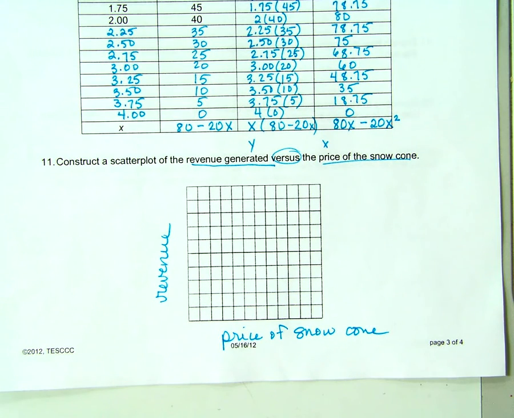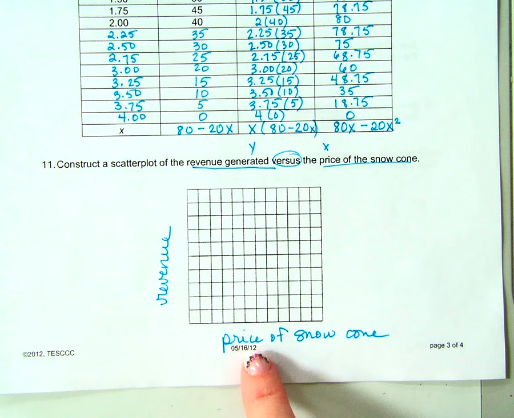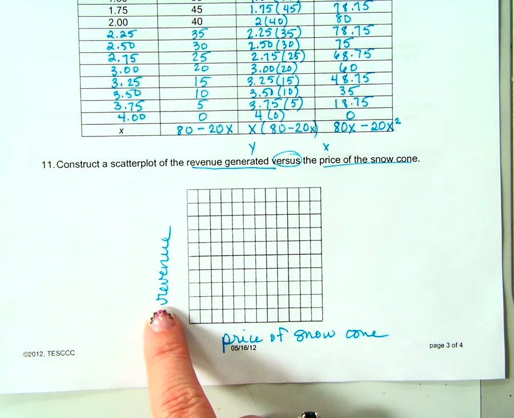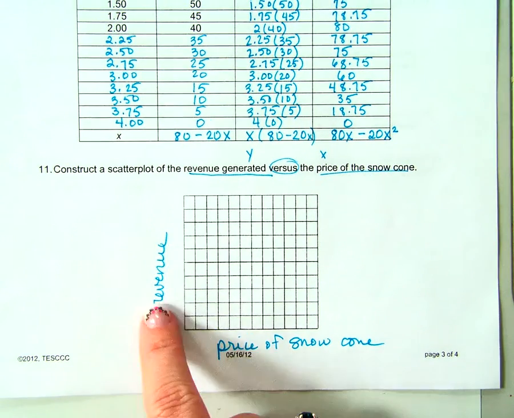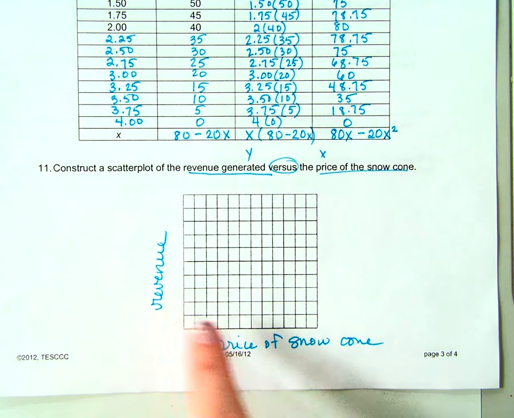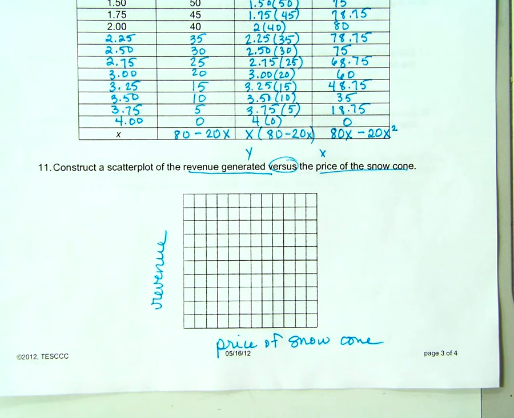Now, I purposely didn't put price as money, right? Why? Do you know? What's revenue? Money, right? So I didn't just put dollars or cost and cost. We have to be very specific what we're talking about here because of the fact that these are in the same kind of units. Okay, so be careful about that.